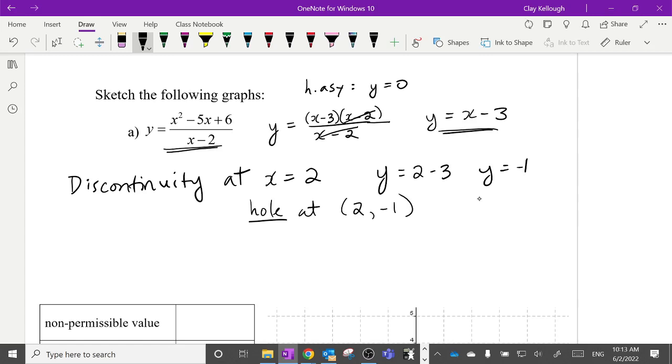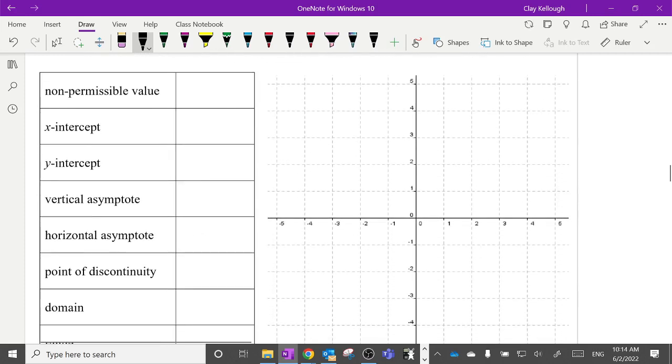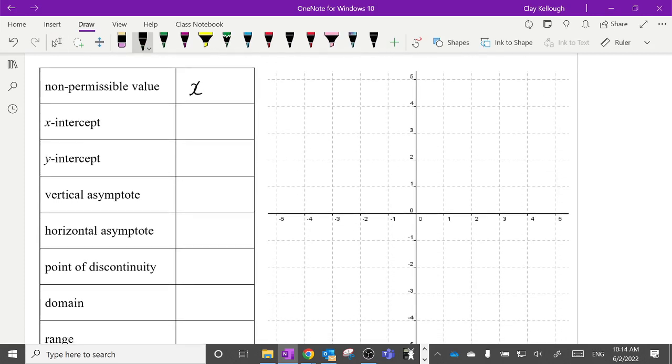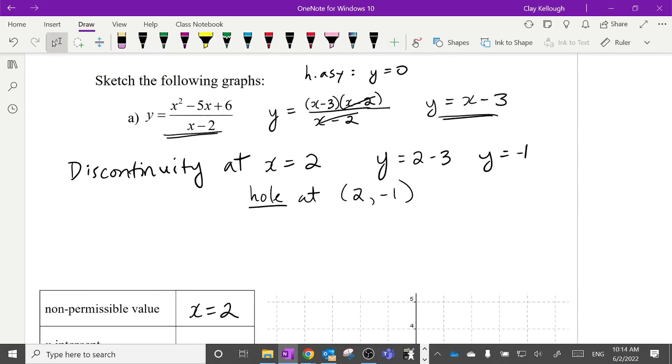So let's do all the other data on this thing. Can I move the screen here? Okay, so non-permissible value. So my non-permissible value is x equals 2. I have an x-intercept. Oh, I haven't figured out the x-intercept yet. Go back to the original equation for the x-intercept. X-intercepts happen when y is 0. And when y is 0, the denominator just goes away.